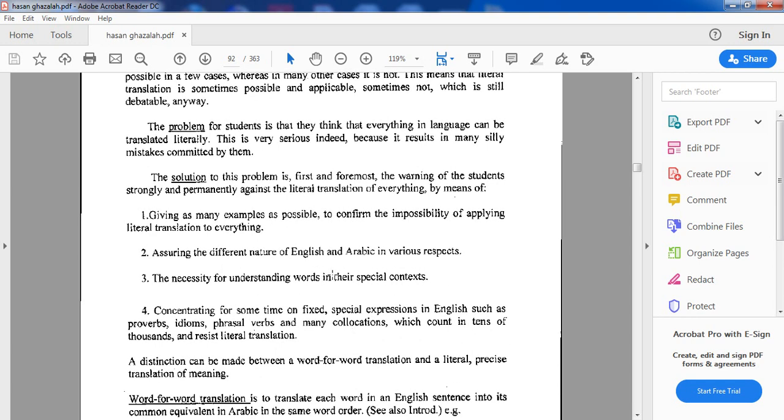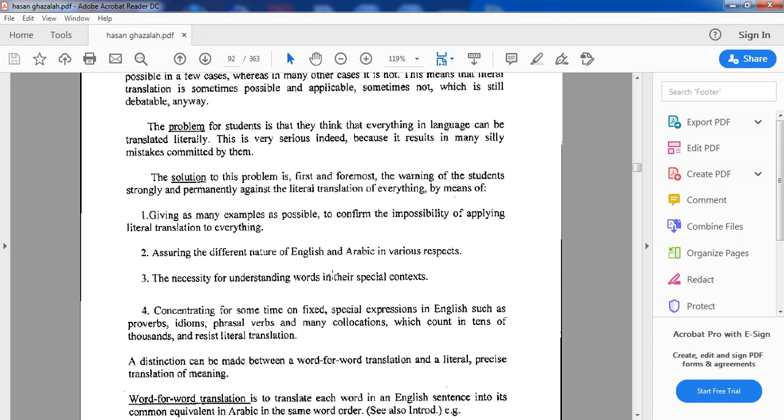For example, if we have a collocation, I'll give a very simple example. When I say a beautiful girl, I cannot say a beautiful boy.